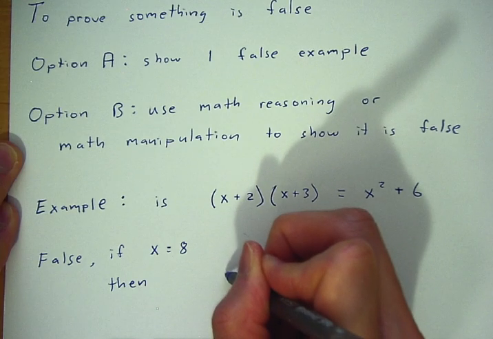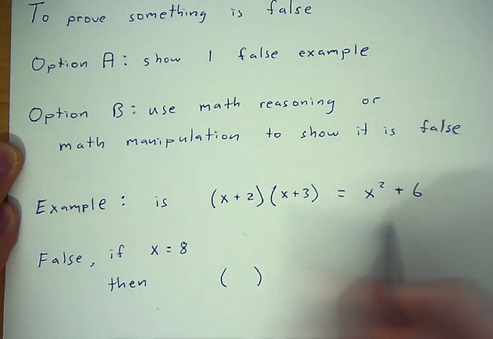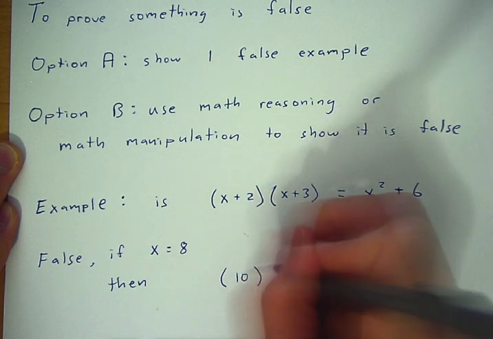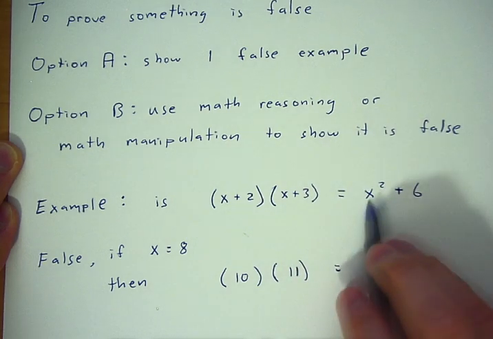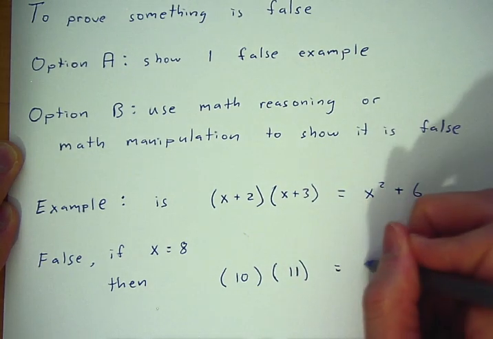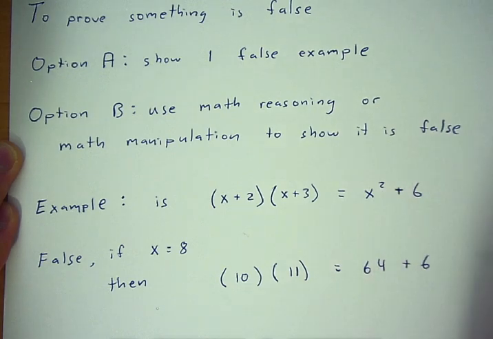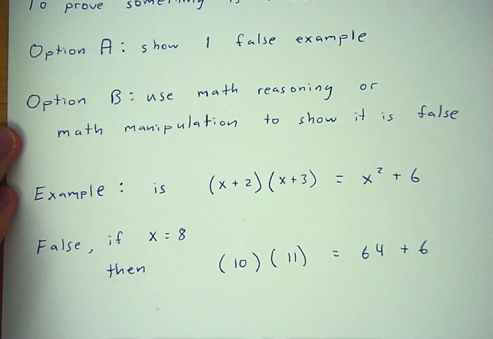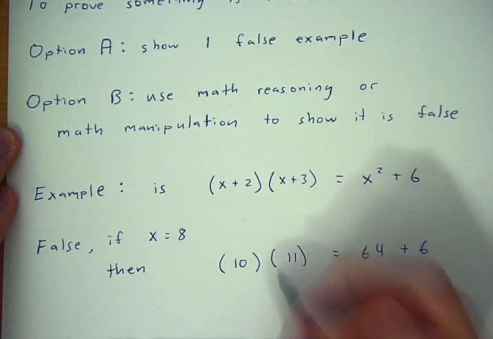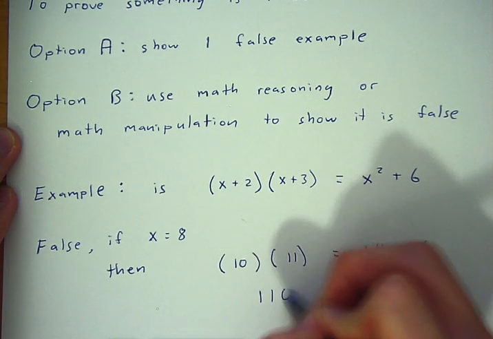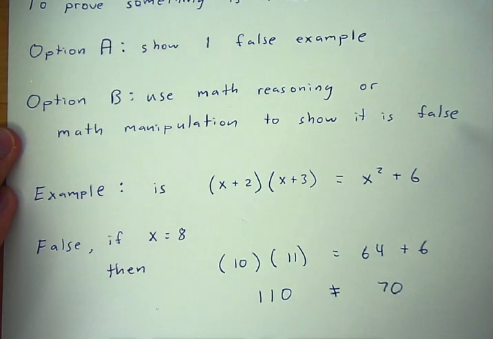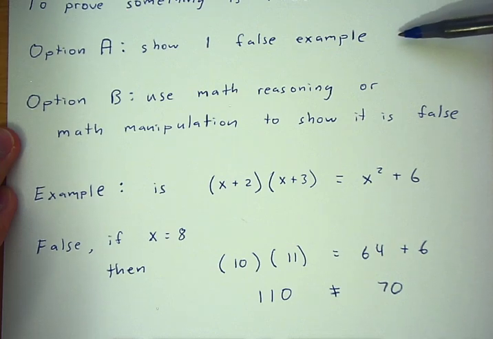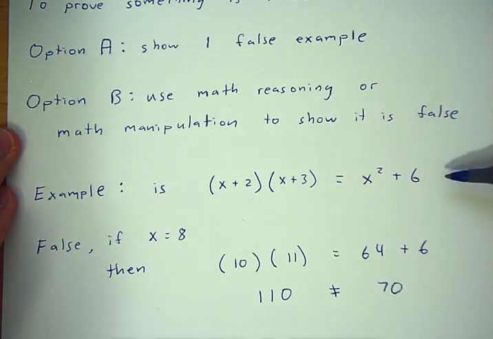Then you would have 8 plus 2 is 10, 8 plus 3, 11. 8 squared, or 8 times 8, 64, plus 6. And we know that 10 times 11, which is 110, is not equal to 70. There you go. That's using option A, providing one false example, will show that this statement is not true or is false.